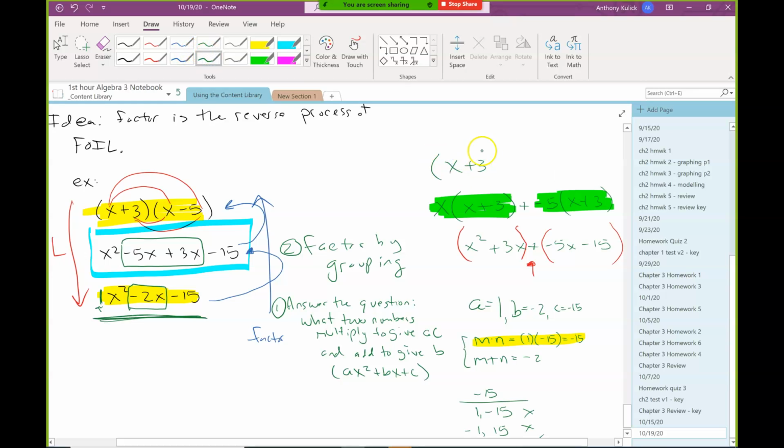So when I factor the x plus 3 off of the first one, I have just x left. And when I factor the x plus 3 off the second piece, I have just minus 5 left. And you'll notice that now I have exactly what I started with. Is everybody okay with that?